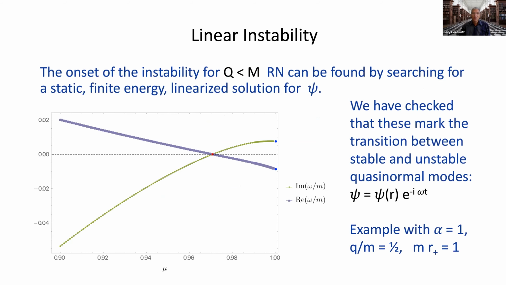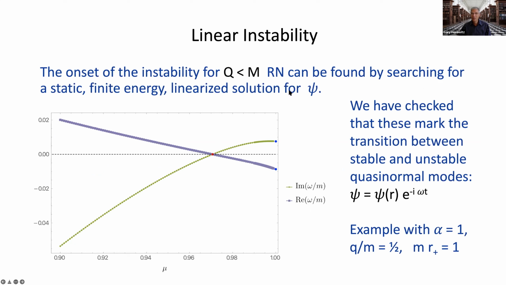Okay, so the first step is to see when Reisner-Nordström becomes unstable in this theory. And so we look at non-extreme black holes, Reisner-Nordström with q less than m, and you can detect the onset of the instability by looking for a static finite energy linearized solution for psi.